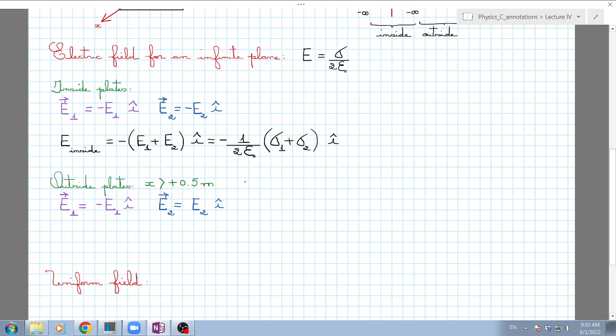The factor is not so relevant here. The most important part is to apply the principle of superposition, right? I mean, considering one plate first, for example the negative plate, and then you consider the positive plate later, and then you superpose the effects.